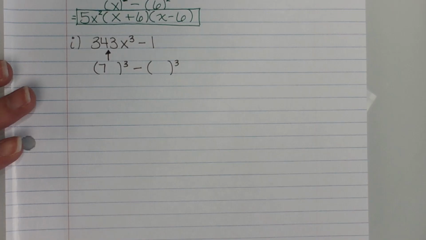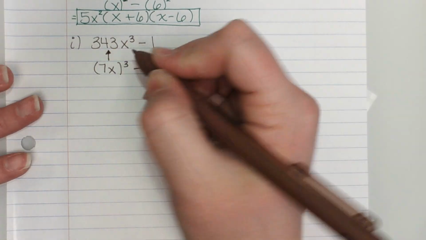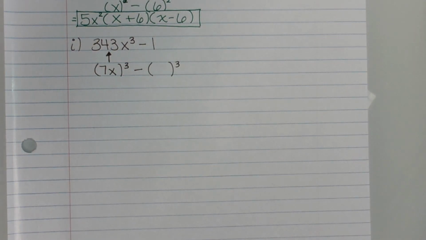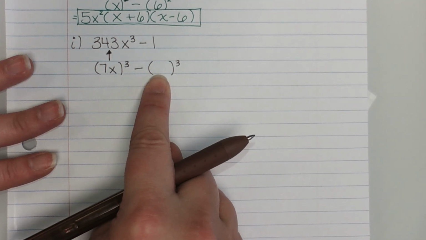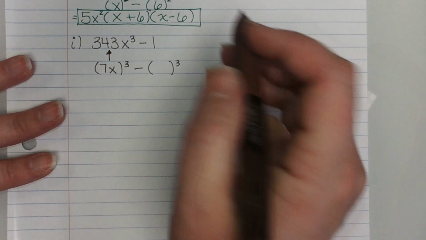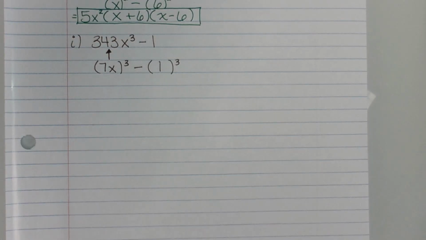But is it just 7? Perfect. Jaden, what about here? Just 1. For some reason, people tend to overlook 1 as a perfect square or a perfect cube. It is both.